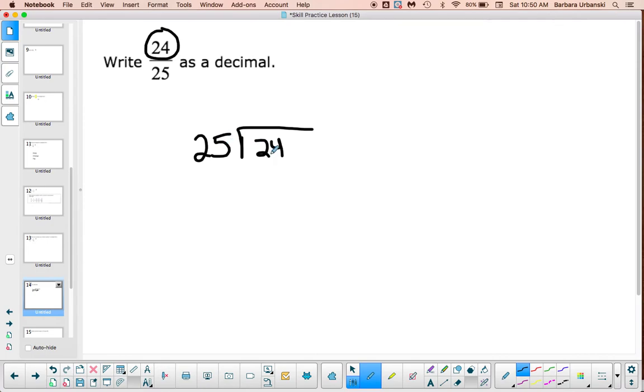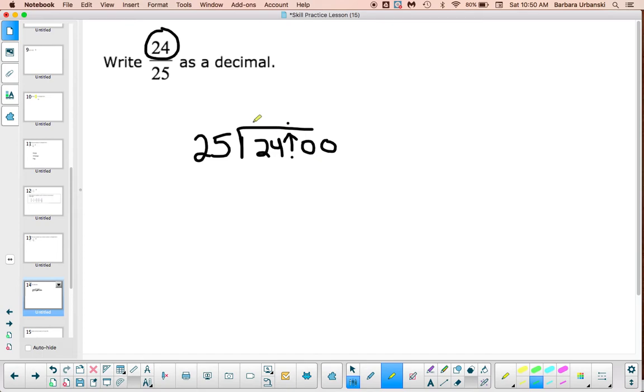This is your dividend. I don't know if you remember this or not, but you're going to put a decimal point, and then like a rocket ship, it goes up into the quotient. You will annex some zeros, and you will perform the division just like you normally would. And take a peek here, because I think it's kind of interesting.